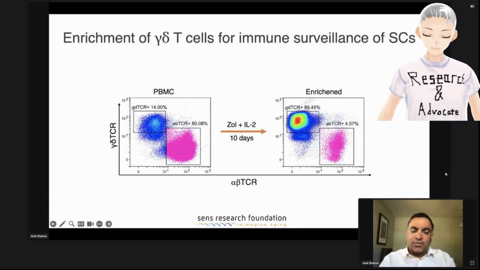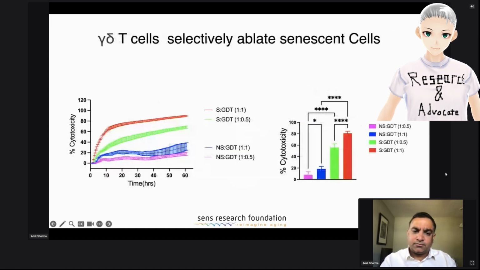But using a combination of cytokines and drugs, we were able to amplify and enrich this population by growing them for 10 days. Starting from less than 14%, we were able to enrich this population to about 89.4%.